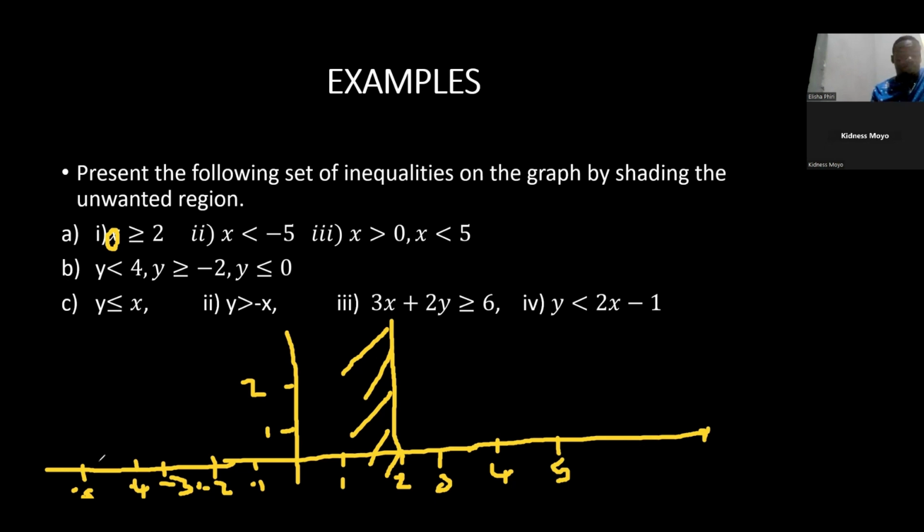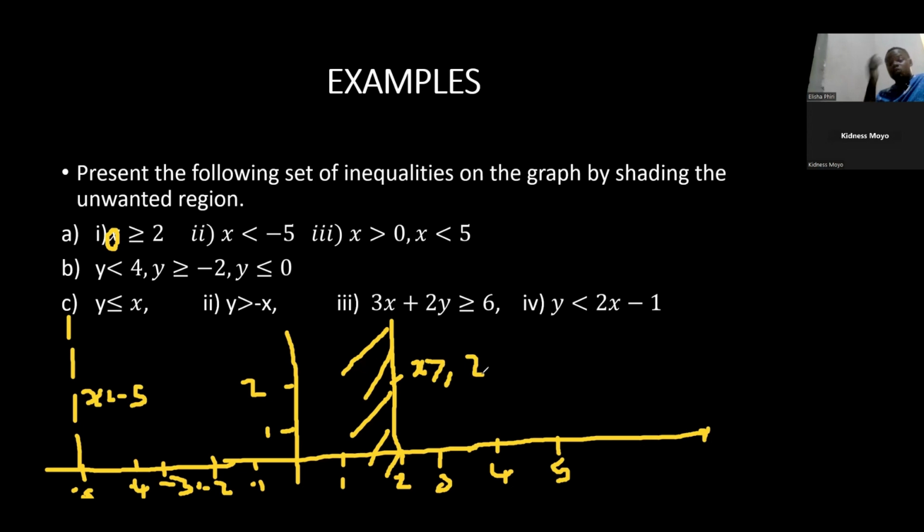That one will be a dotted line. Dotted line, very good. So we draw that one, and we have a line like that. We can indicate that this line represents the inequality. We are showing that this one is x is greater than or equal to 2.